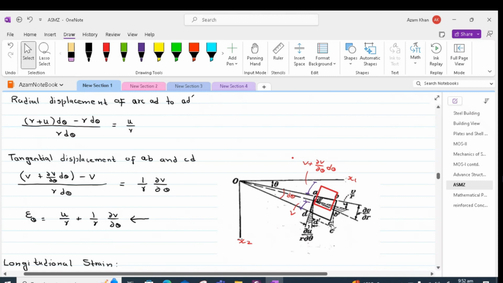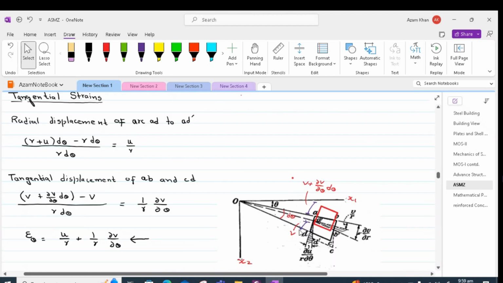So DC has moved by distance v and AB has moved by v plus the rate of change of v with respect to theta multiplied by d theta. Since v is changing along theta, therefore in the rate we have taken the change with respect to theta. Please note, d theta is actually the internal angle of this sector.